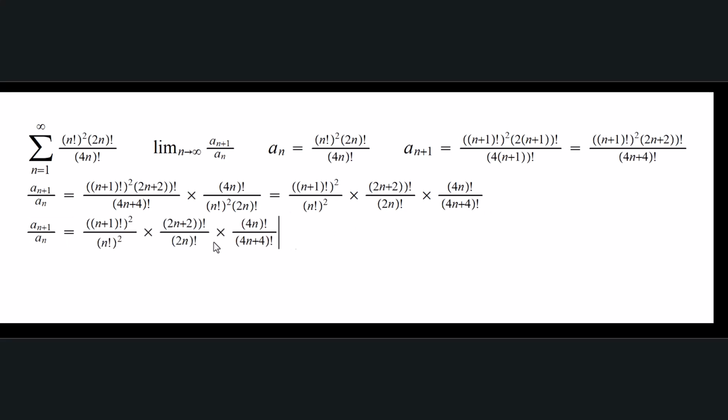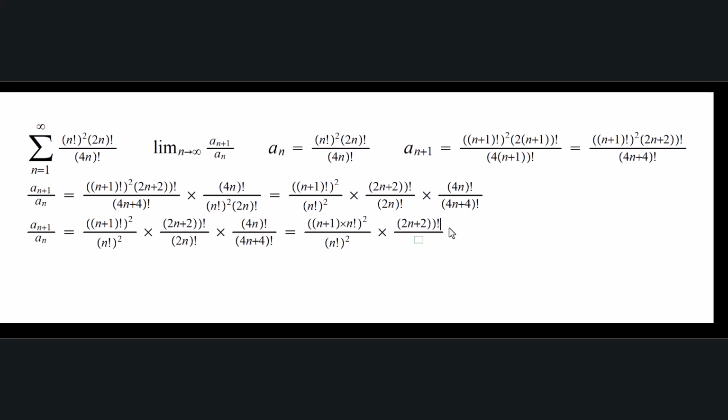Notice that in this portion we got n plus 1, and then times factorial n. That's what the factorial of n plus 1 is here, and this whole thing is squared. And in the next term, we got 2n plus 2 factorial, and downstairs we have 2n factorial.